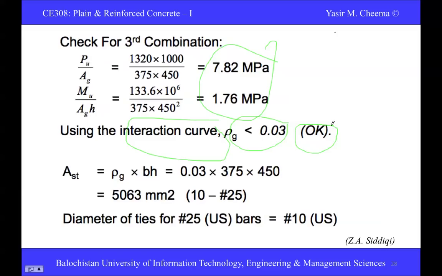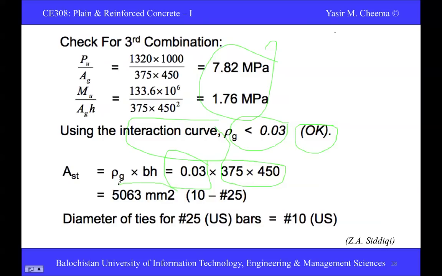So the area of steel required for our selected column, if you remember, we have revised the section, we have changed one dimension. So this area of steel is 3% multiplied by the gross area of the section.